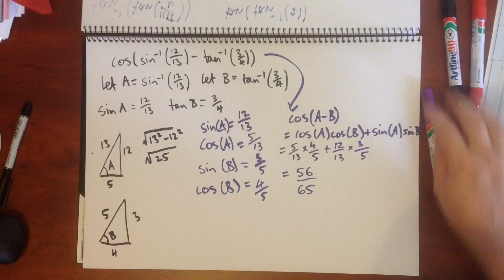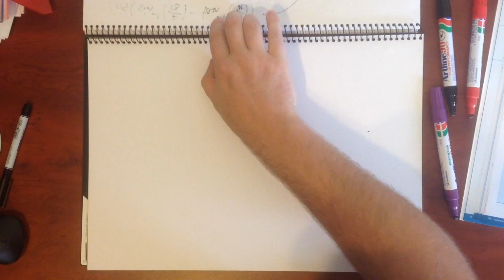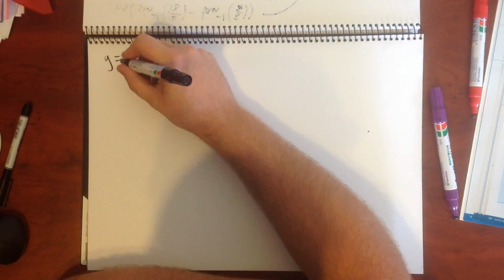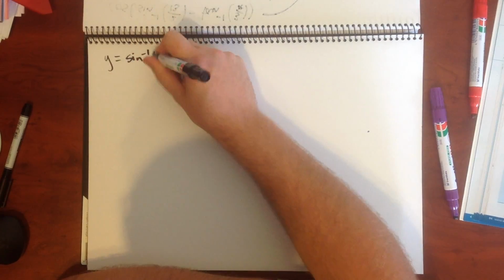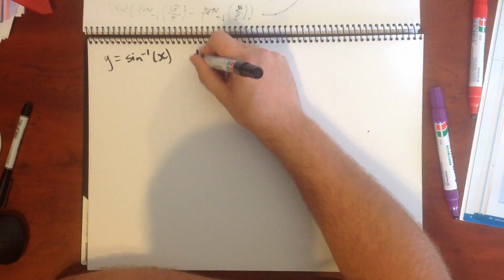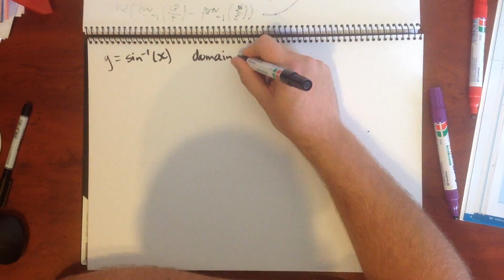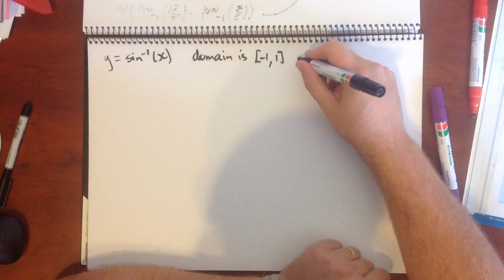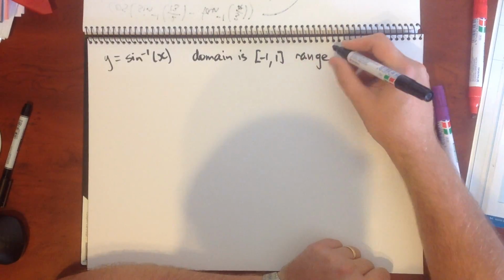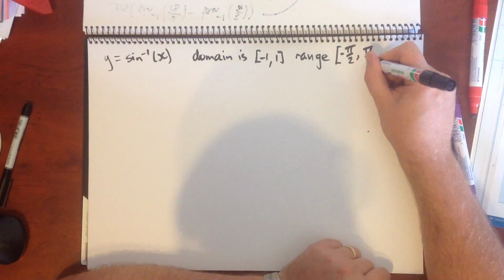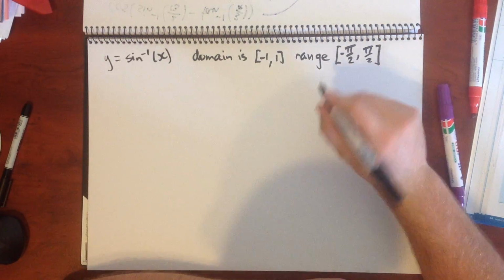Okay, so almost there. We just need to look at one last section, which is determining the maximum domains and ranges. So for y equals the inverse sine of x, the domain is negative 1 to 1, our range is from minus pi on 2 to pi on 2. So this is just summarising some of what we had earlier.